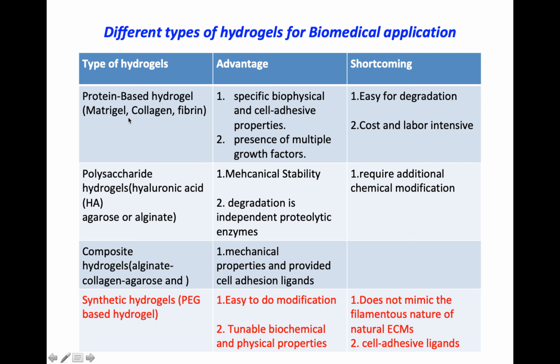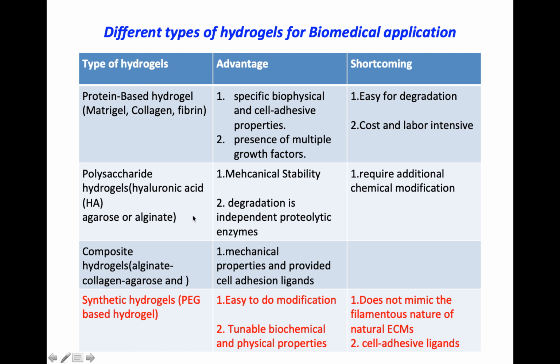For example, protein based hydrogels, such as collagen, fibrin, or some polysaccharide hydrogels, for example, agarose, alginate, right? So in my case, I use the thermostatic hydrogels. It is a kind of PEG based hydrogel.